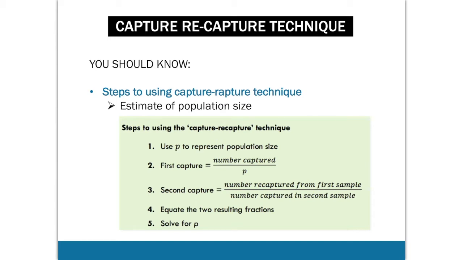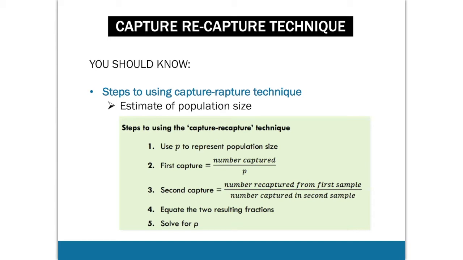To do this, we use the capture-recapture technique, and as you can see, I've written the steps here that you need to use this technique and solve for the population size. The first step is use P to represent the population size.